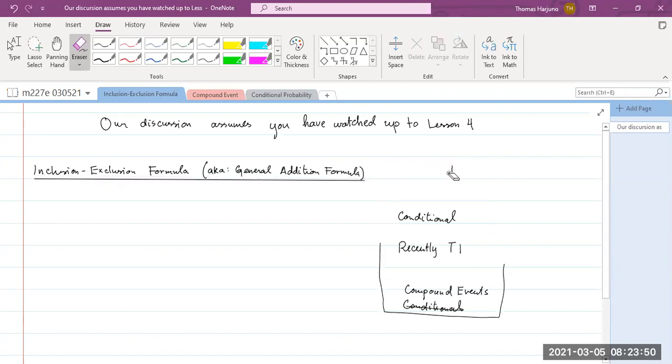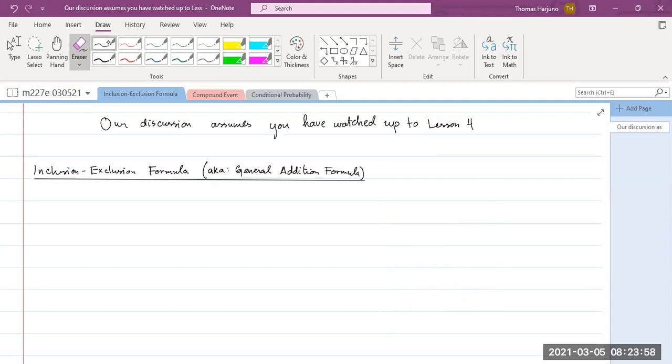Let me just erase this. Now the formula is the following. Probability of A union B is equal to probability of A plus probability of B minus probability of the intersection. That's the formula, which our textbook called general addition formula.